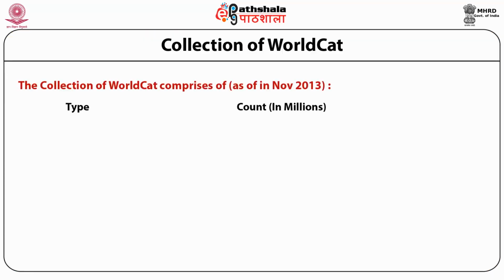Let's talk about the collection of WorldCat. It has very high record counts. As per the statistics of November 2013, it has about 239 million books. It has 203 million articles. It has 148 million peer-reviewed articles.